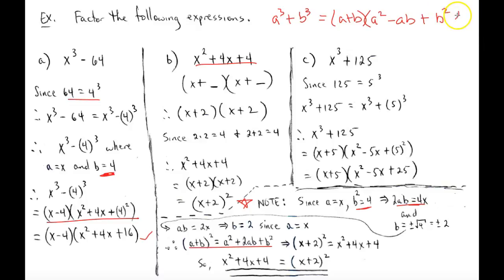Okay, get rid of that. All right, so here we know that our a is going to be equal to x here, and our b is going to equal 5.